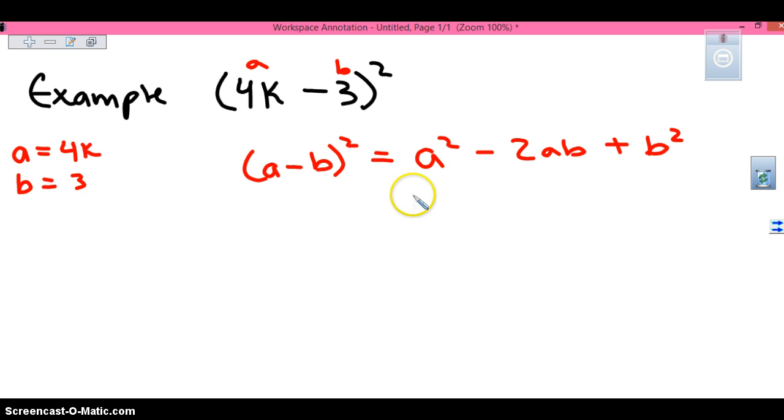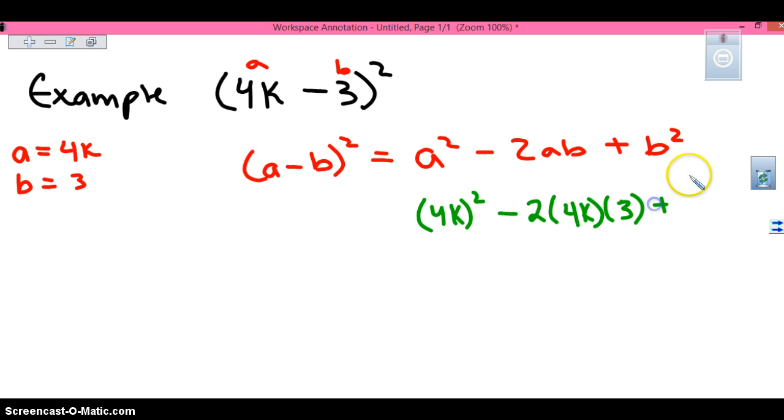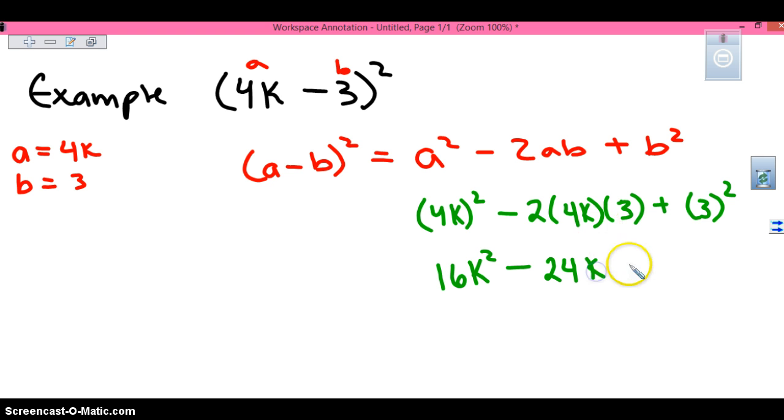If I substitute, (4k) squared minus 2 times 4k times 3 plus 3 squared. So 4 squared is 16k squared. 2 times 4 is 8, and 8 times 3 is 24k, plus 3 squared.